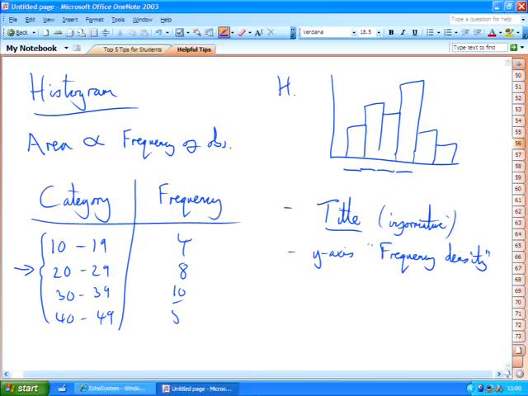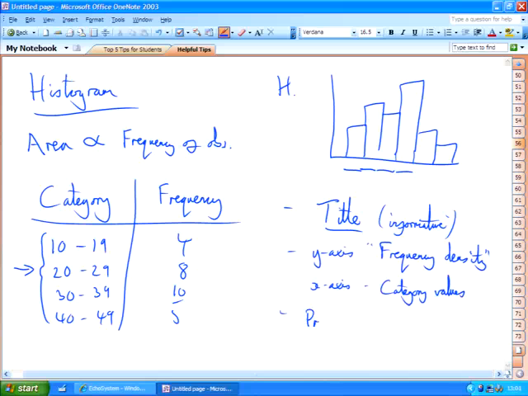And you will have your category intervals on your x-axis as well, so make sure you have suitable labels there. So your x-axis will be related to your category values, whatever they may be for your particular example.